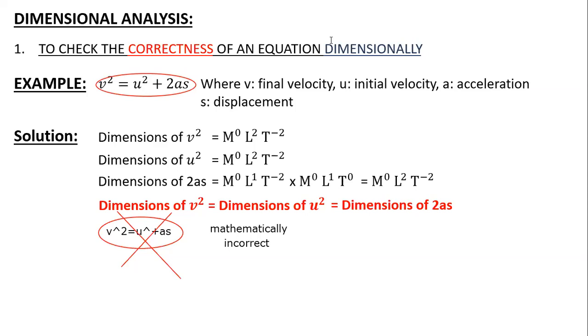All equations which are mathematically correct are dimensionally correct, but all dimensionally correct equations are not necessarily mathematically correct. And there's the example: the equation is dimensionally correct, but not mathematically correct.